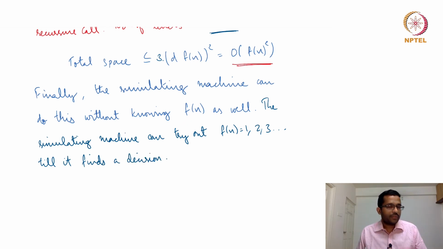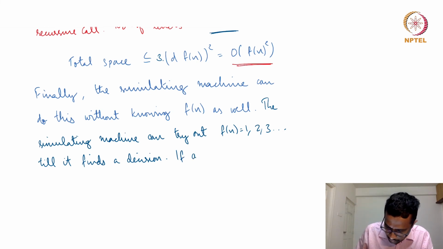It should check whether accept is reachable when limited to fn equal to 1. If the accept is reachable, then you accept. If not, are we able to move to configurations of bigger length? If we are not able to move to any bigger length configuration, then even by trying out bigger space we are not going to reach anywhere. So we accept if we reach the accepting state, and we reject if we are not able to reach any bigger configurations.